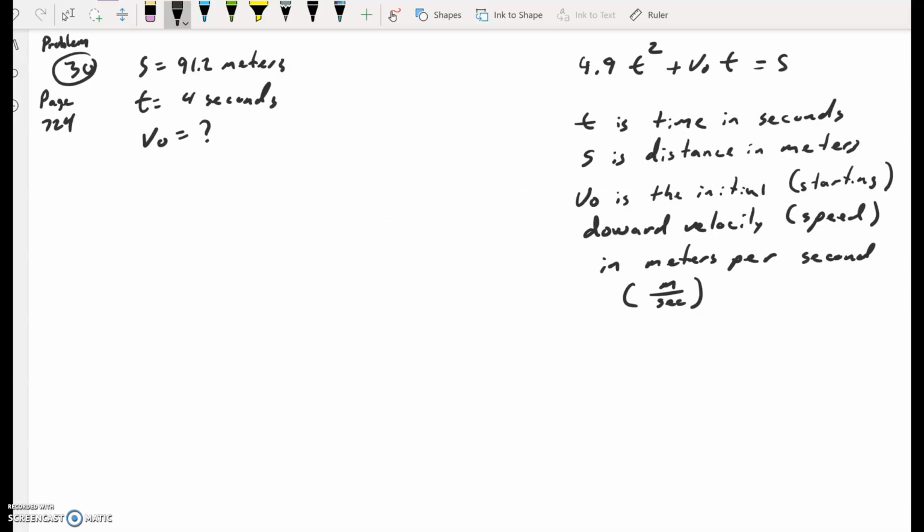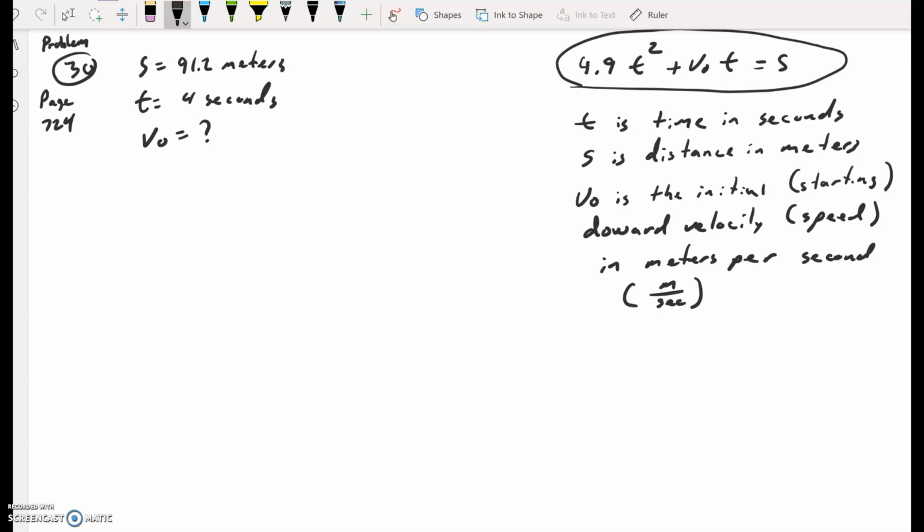We're told in problem 30 on page 724 that this is the equation that's going to govern the action in the problem. But before you can use an equation like this, you have to know what the variables represent, and it's got to be very specific. One way to do this is to look up the examples in the textbook that are like this, and those examples in the textbook will tell you what the variables represent.